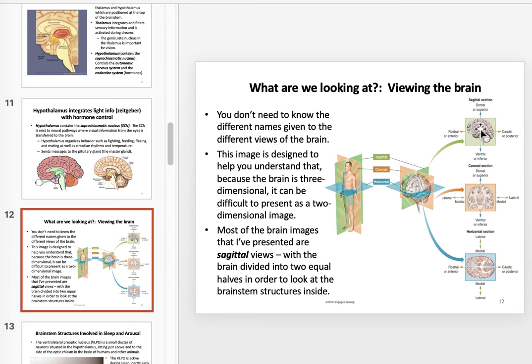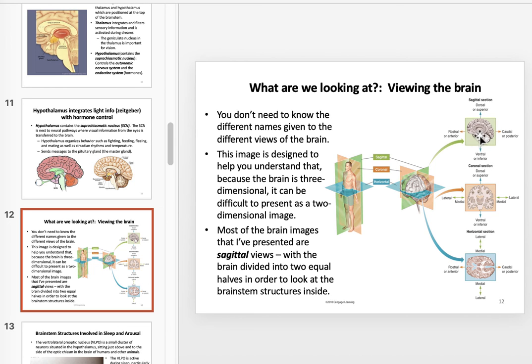We sometimes talk about structures being anterior, or in front of, or posterior, or behind. The top of our head, just like the top of a fish, has a dorsal structure, sometimes called a superior view, because that's the dorsal fin. That's where we'd put our dorsal fin if we were a shark.